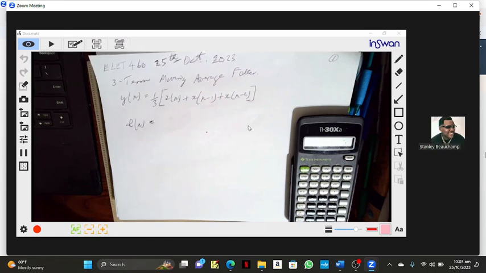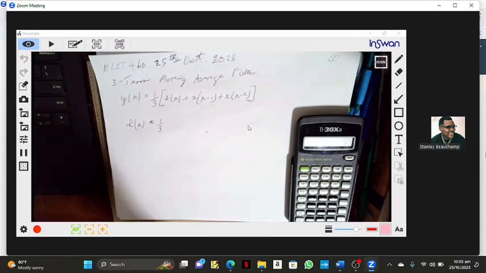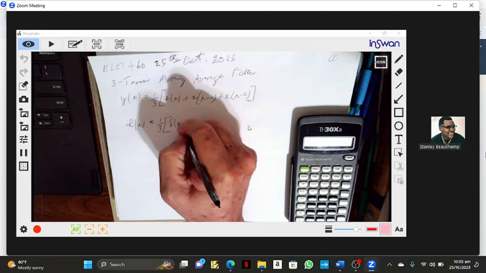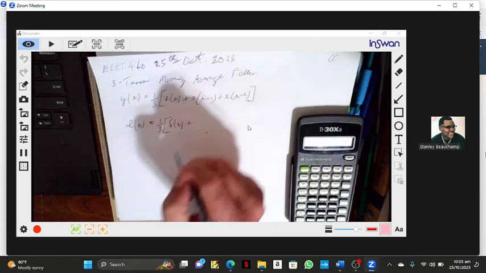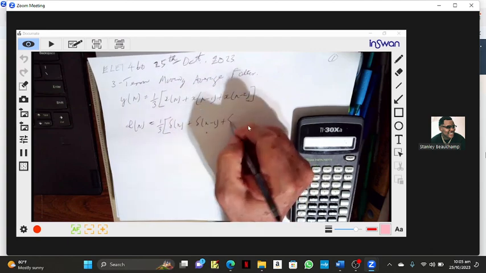That's 1/3 open bracket delta of n plus delta of n minus 1 plus delta of n minus 2.